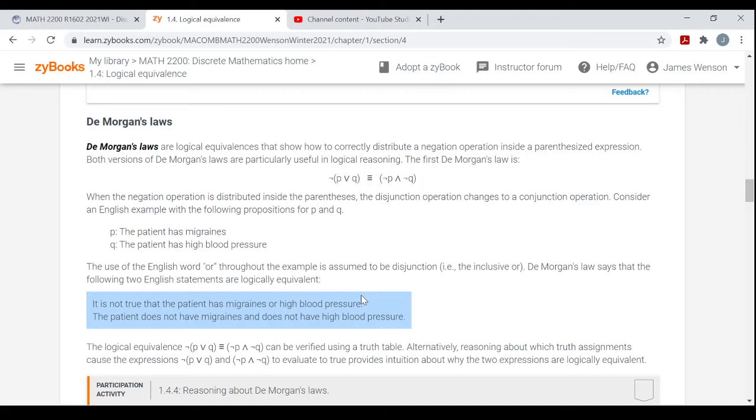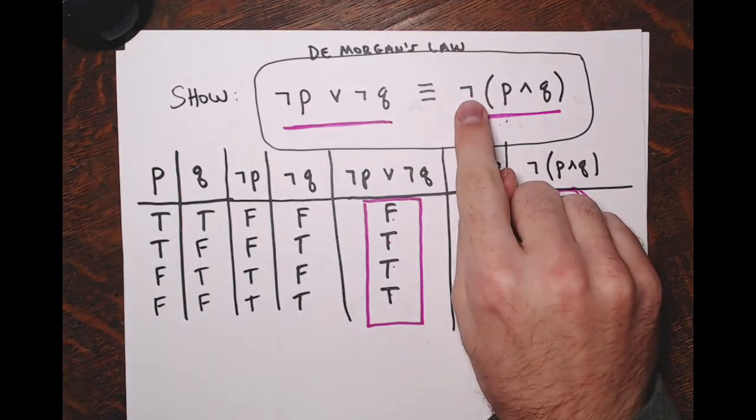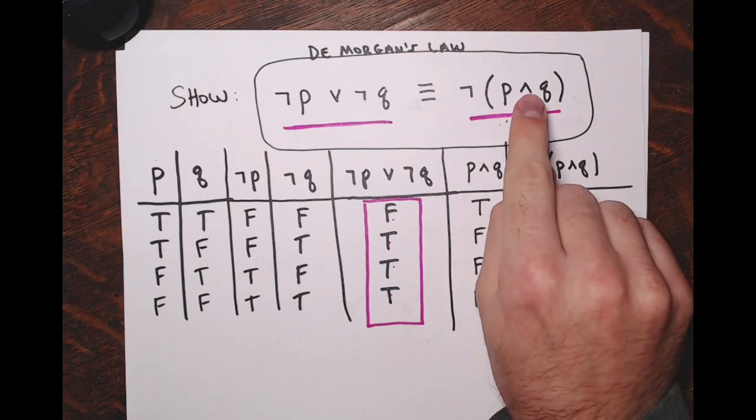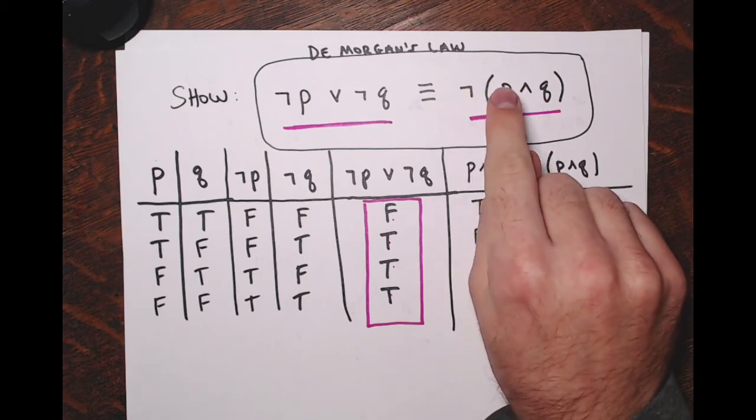All right, and I just mentioned this a second ago. De Morgan's laws. De Morgan's laws are for the negation of an and statement. For one of the laws, which you saw here on my paper, the negation of a conjunction, you kind of distribute the negation.